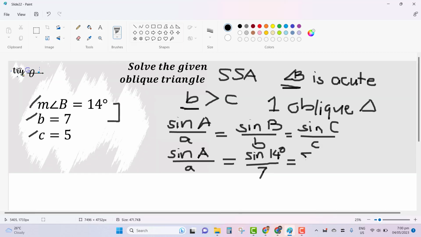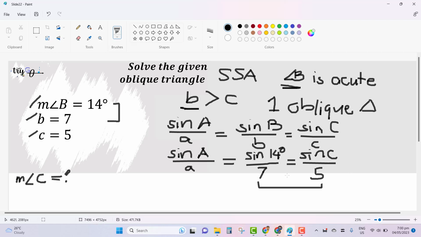And you have sine C, of which we don't know the measurement, over 5. Notice that one of the ratios doesn't have any unknown measurement, so we could pair these two to solve for angle C. Let's pair those, and we're solving for the measurement of angle C first.